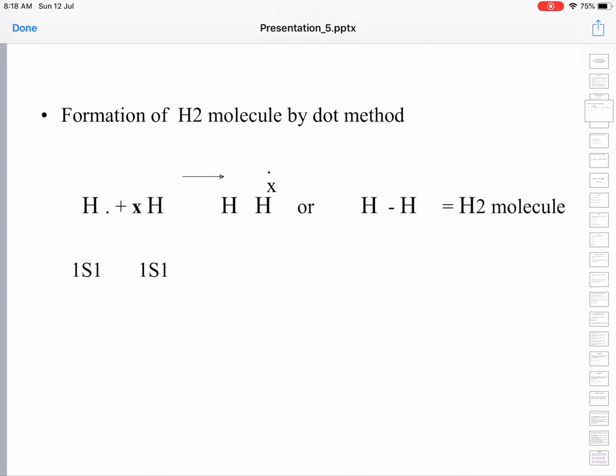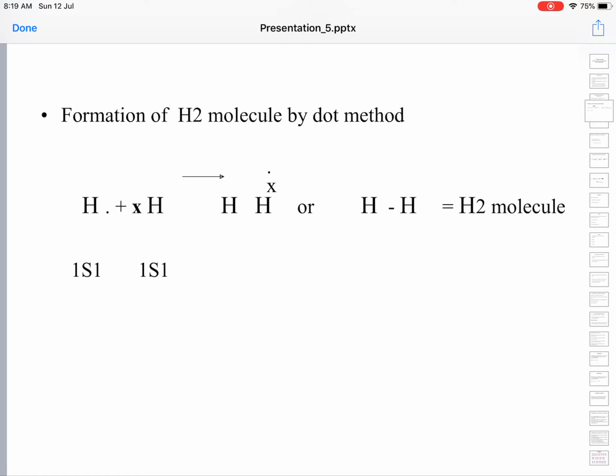Formation of a hydrogen molecule by the Lewis dot method. In the Lewis dot method, we show the electron of one of the participating atoms as a dot, and the electron of the other participating atom as a cross. Actually, electrons are identical in any atom. Across all atoms and molecules, there is no differentiation between electrons.